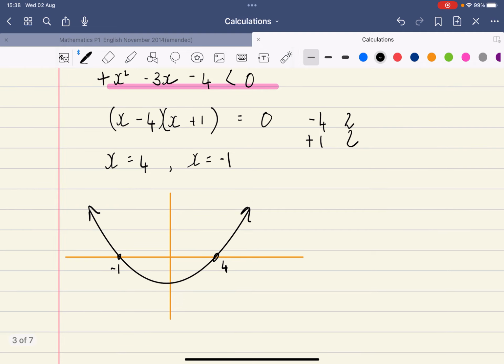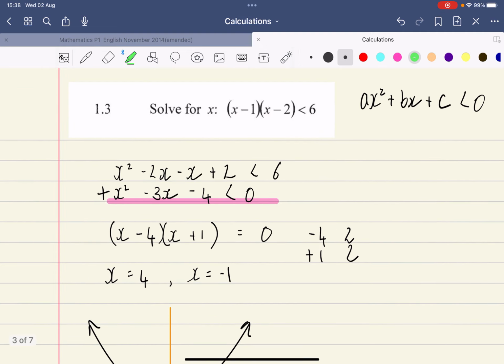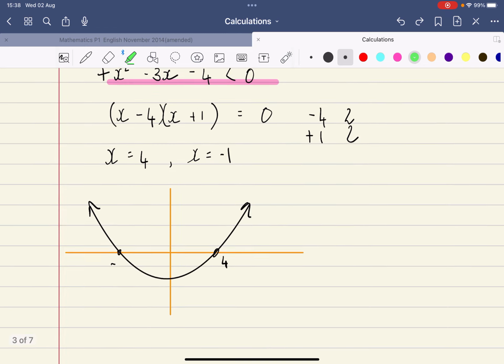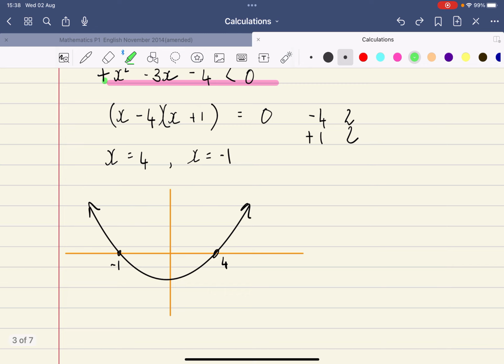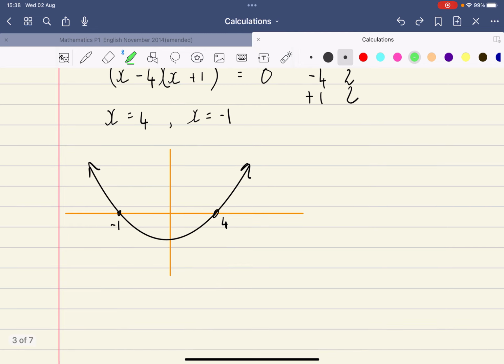Now comes the inequality. It states for what x's will this expression be smaller than 0? In other words, where is it negative? So let's see. That will be in the region I highlight now, under the x-axis.